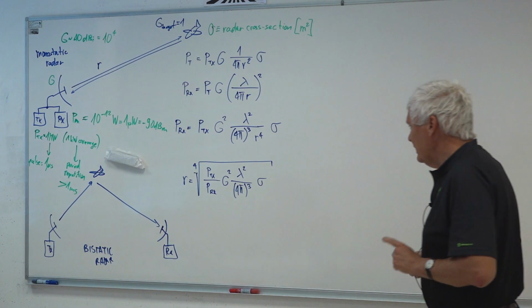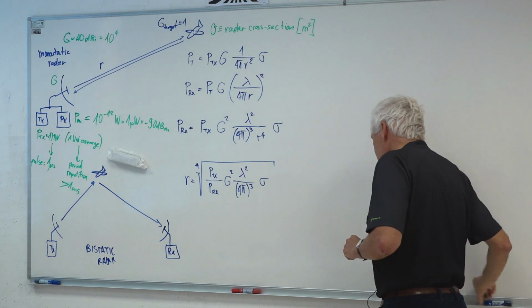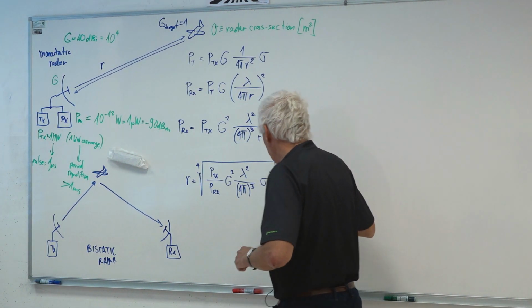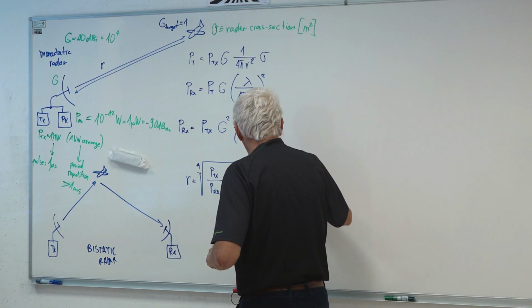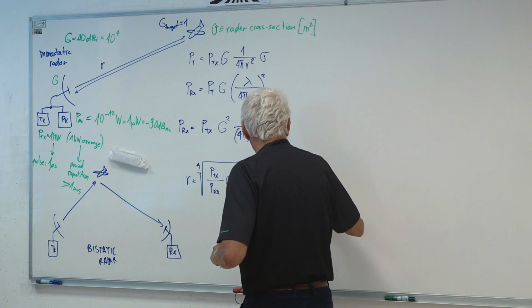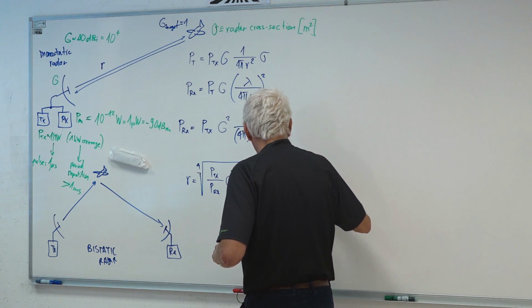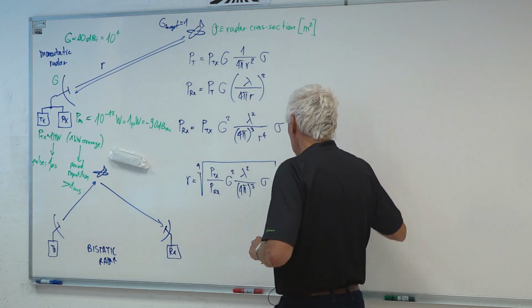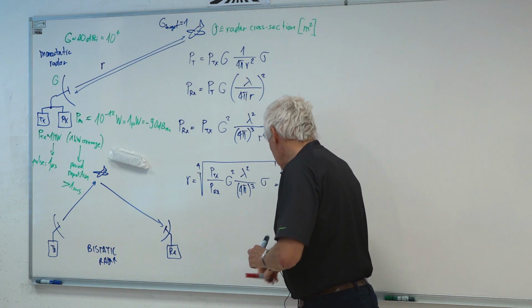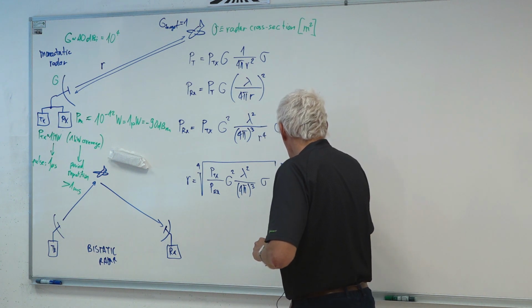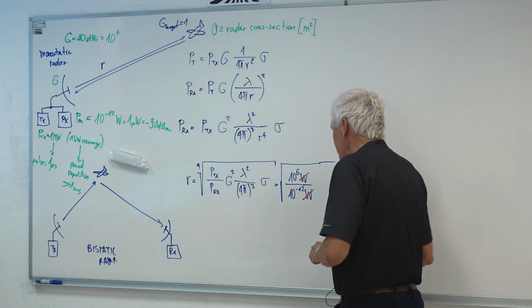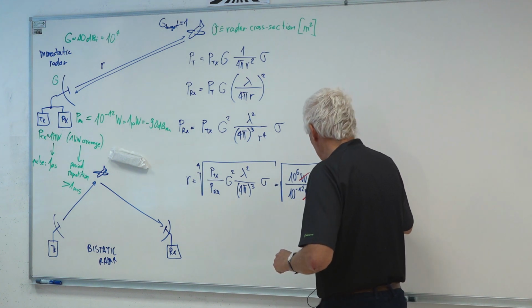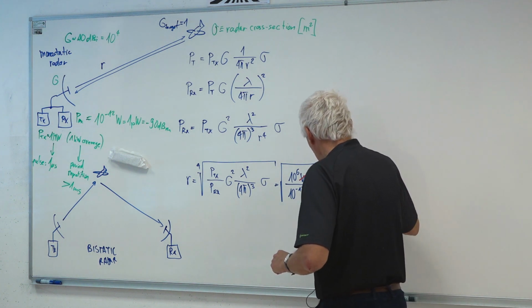Let me put all the other figures in the equation and see how far we can go with this radar. We had 10 to the sixth power watts, 10 to the minus 12 watts, and watts of course cancel out. Then I have the gain of the antenna squared, so 10 to the fourth power, further squared.